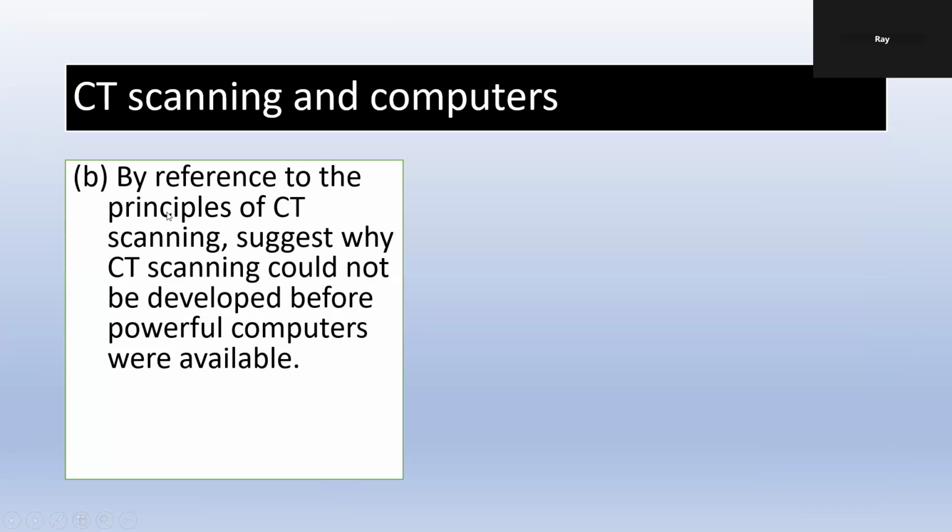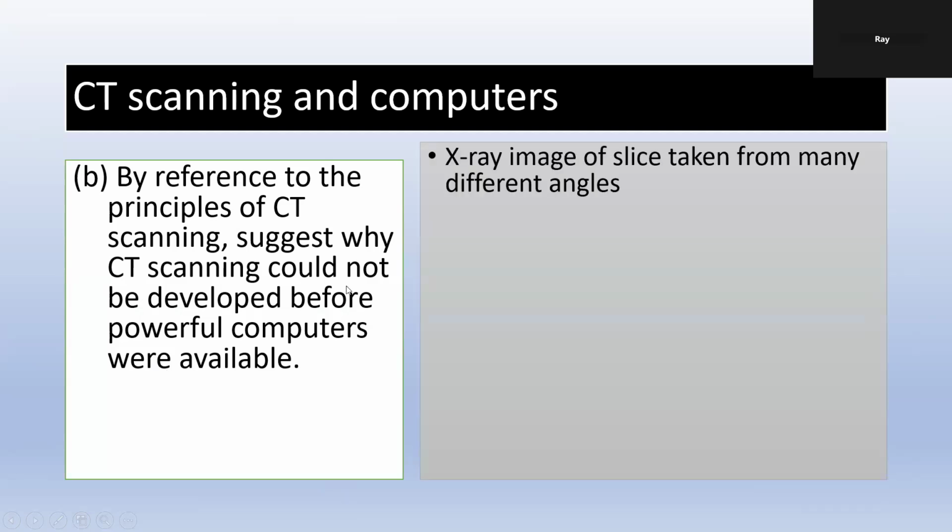By reference to the principle of CT scanning, suggest why CT scanning could not be developed before powerful computers were available. An X-ray image of a slice is taken from different angles. You want the image, and then you want to build up the image of different slices.